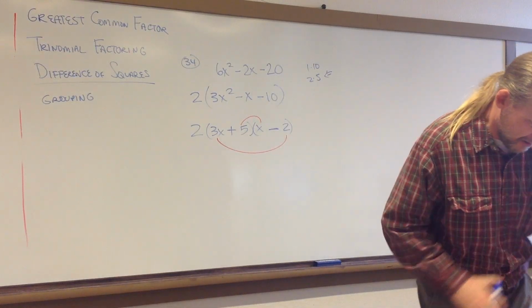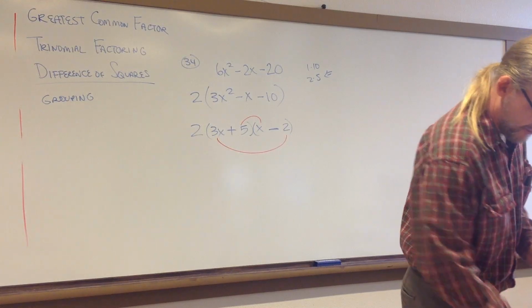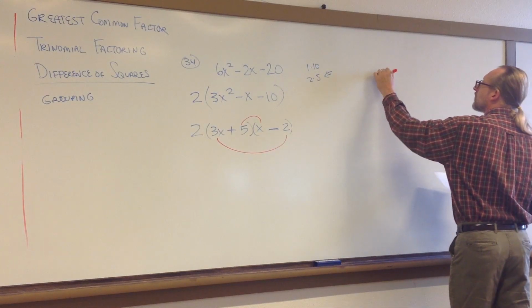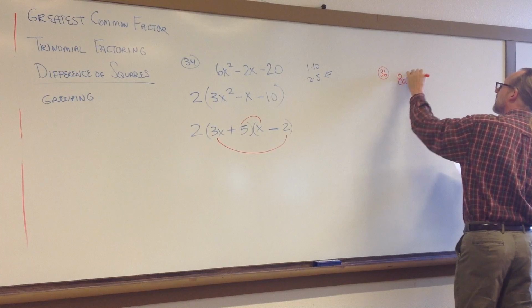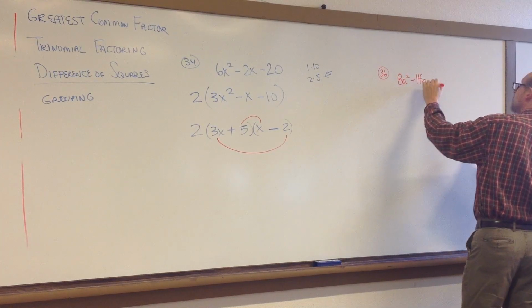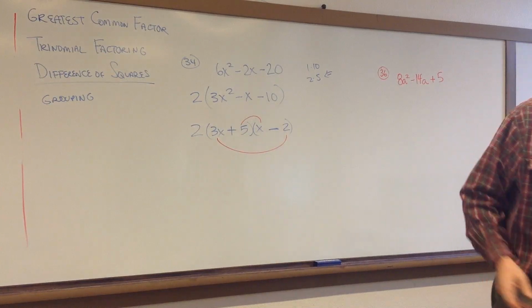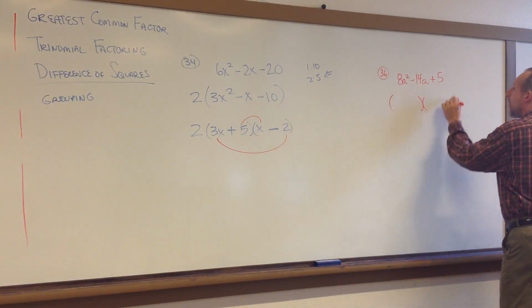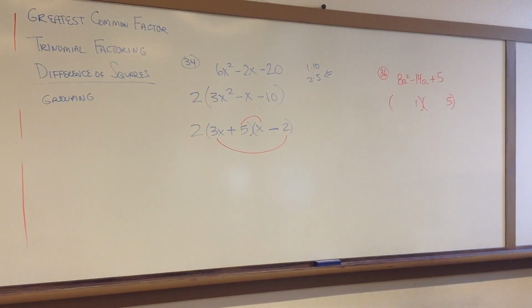Let's see here. Problem 36. We've got 8a squared minus 14a plus 5. Let's see here. Well, the 5 is prime. That can only be 5 times 1.